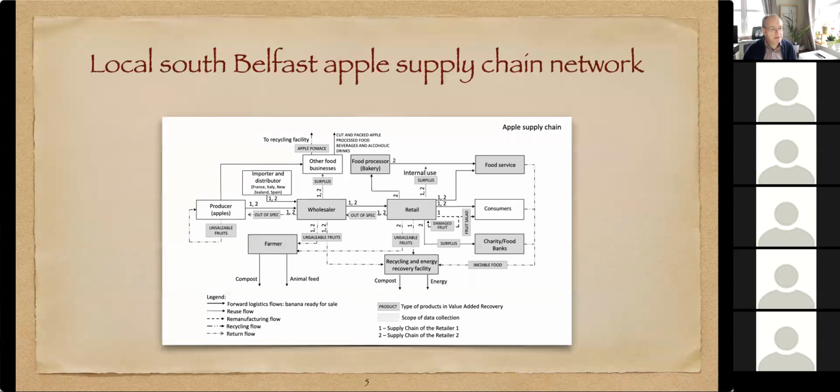Here's an example of a real life supply chain in the local economy. I showed this before in lecture 1, I believe. This is a local retailer selling apples, and all the flows of apples related to that retailer are mapped here. This is a snapshot. This was at a certain time in history, what occurred here in the local economy with regard to one retailer.